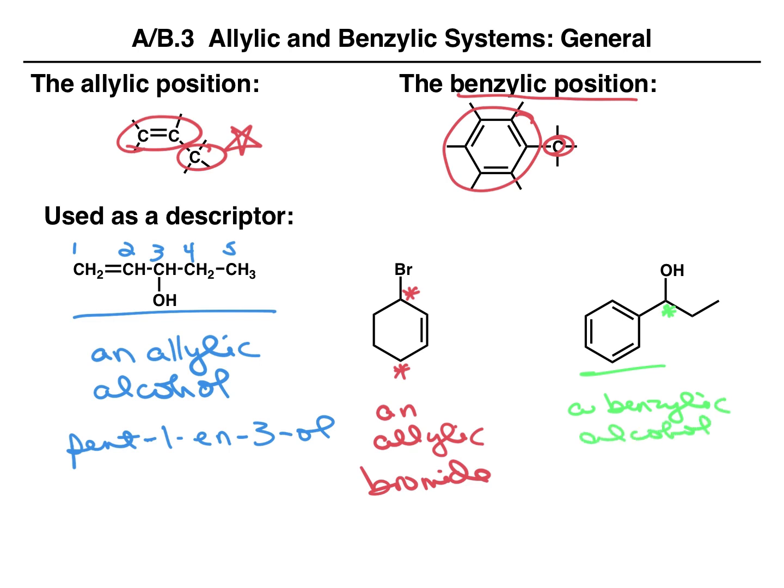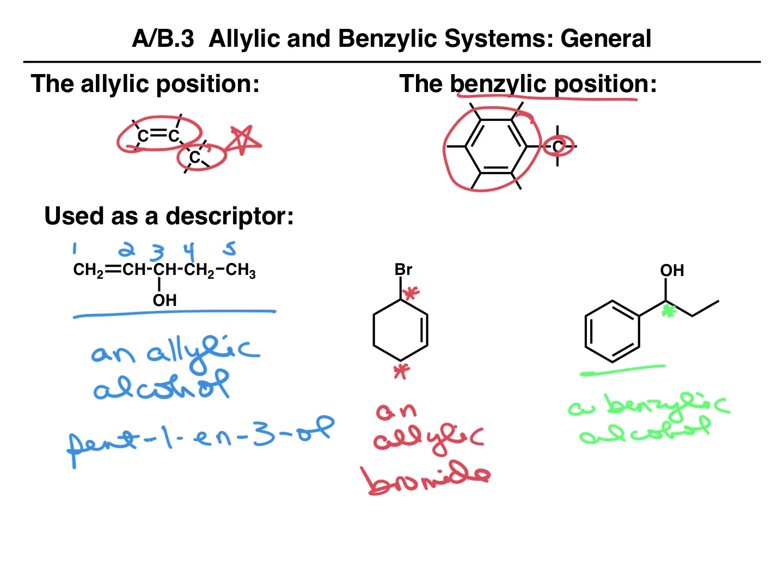So here we just have some general information about the allylic and benzylic positions, and what we're going to see is that having an alcohol at the allylic position is going to behave differently than if we had the alcohol at this position or connected to any other sp3 hybridized carbon. Remember, our functional group is not connected to one of the alkene carbons. This is not a vinylic substituent, it is an allylic substituent.